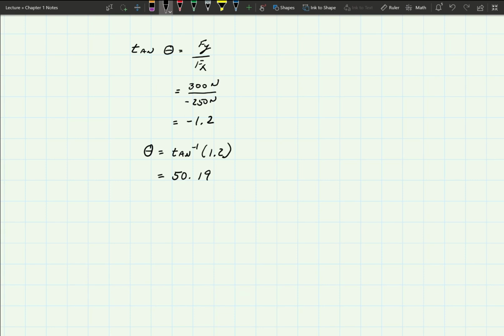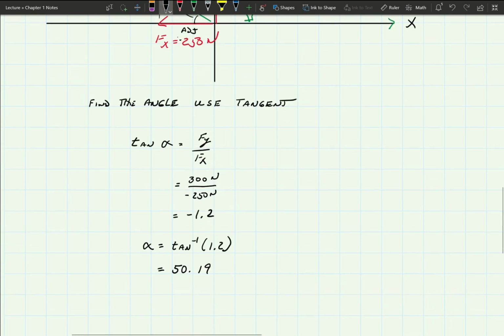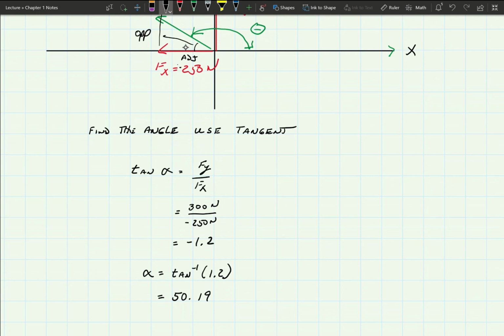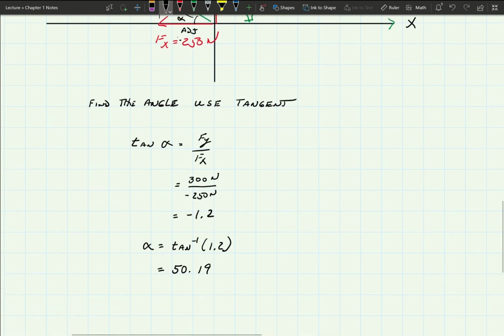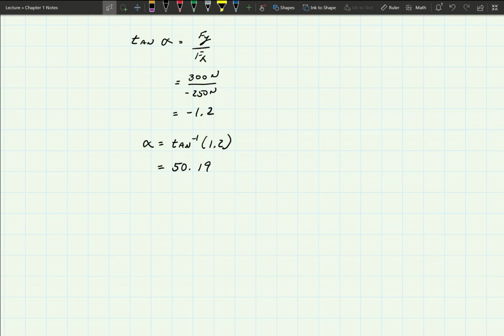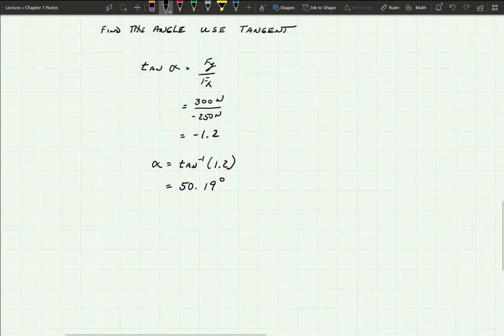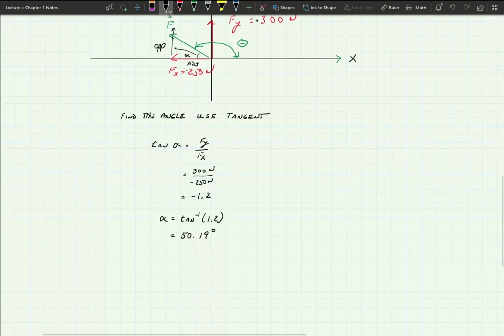Whoops, sorry. Ain't that fun? I got myself carried away here. Let's do alpha. The reason I was trying to do that, and my alpha is this angle in here. Okay, theta is what I really want to define, but alpha is what I'm looking for here. Sorry, don't mean to mess up the world. Otherwise, it'd be kind of weird. But the alpha, the inner angle, is 50.19.